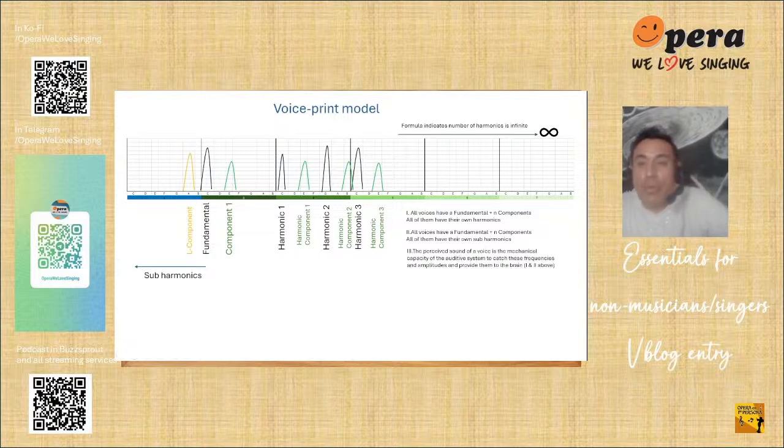Number three is very important. The perceived sound of a voice is the mechanical capacity of the auditive system to catch these frequencies and amplitudes and provide them to the brain. So, we all know, of course, that the medium we have, the physical transducer that we have in our body, is the hearing that starts with the outside ear.